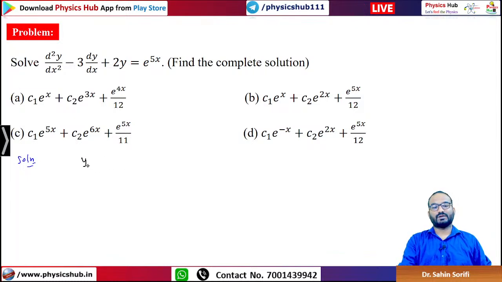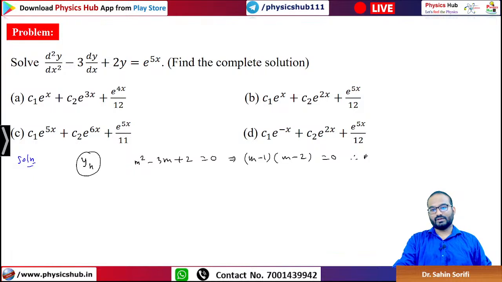To find YH or the complementary function, we have m square minus 3m plus 2 equals 0, m minus 1, m minus 2 equals 0, m equals 1, 2. Therefore, the complementary function or YH is C1 e to the power x plus C2 e to the power 2x. Now, let us go for the particular integral.